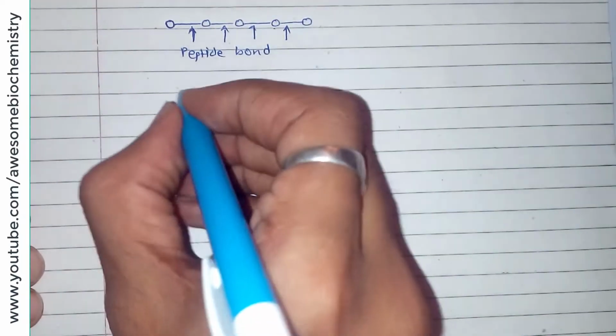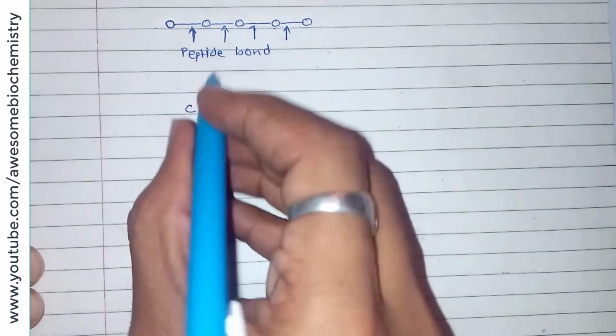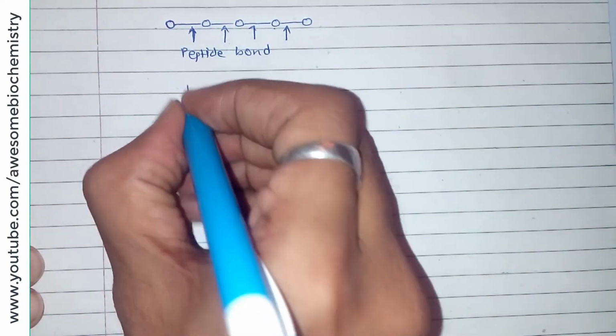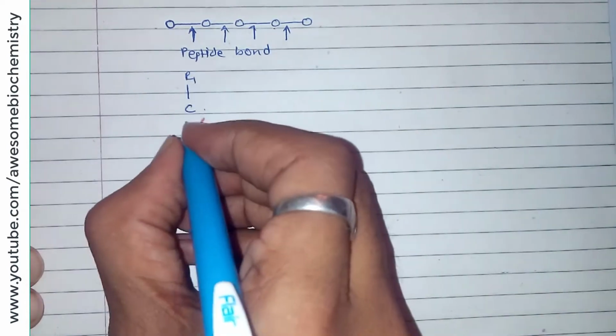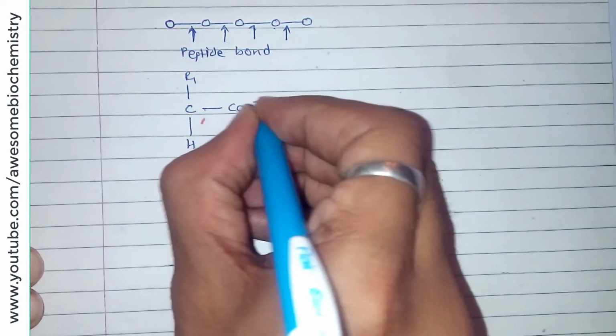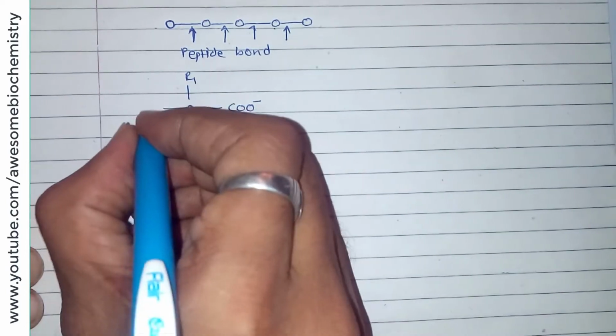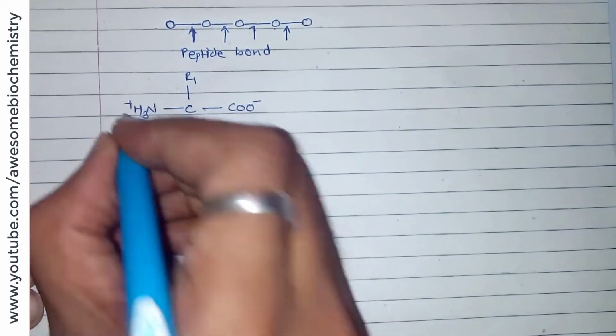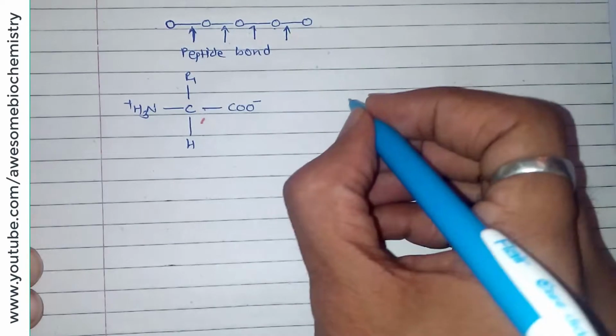Okay. So, suppose this is one amino acid, this is its central carbon, this is the side chain R1, this is the hydrogen atom. On the right side we always write the carboxyl group, and on the left side we always write the amino group. So, this is the first amino acid.